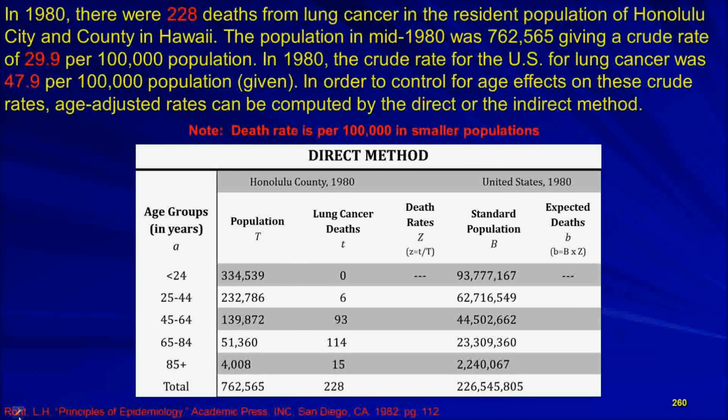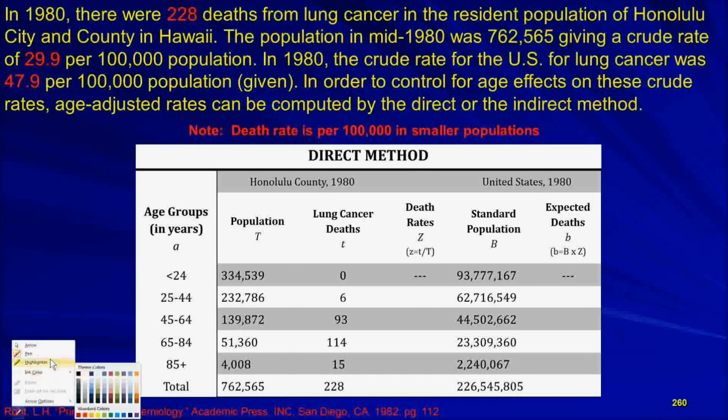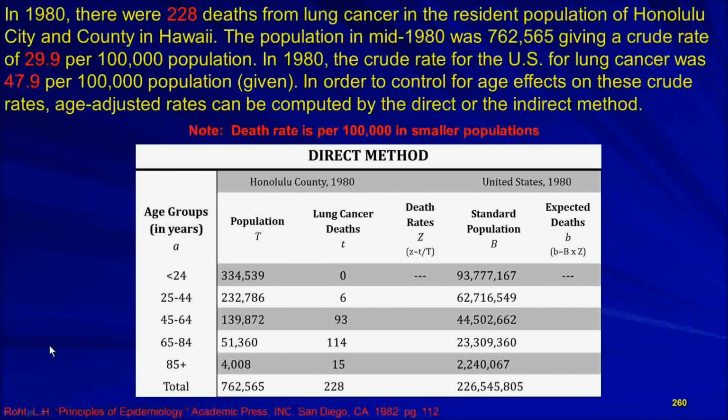We got the crude death rate right from this table. It's 228 divided by this amount, times 100,000, gives us 29.9 per 100,000 population. You already know how to handle this.